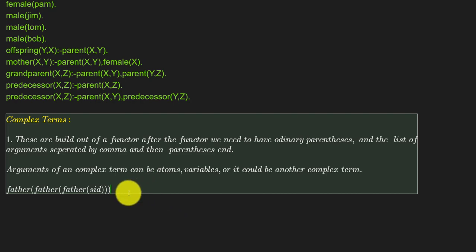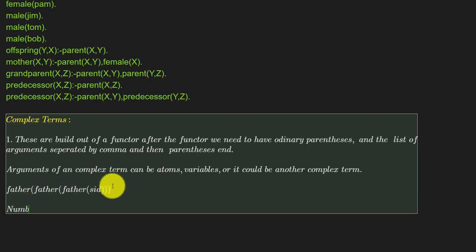Generally, the number of arguments a complex term has is called arity. So the number of arguments of a complex term is called arity.